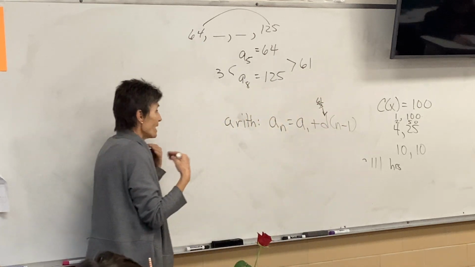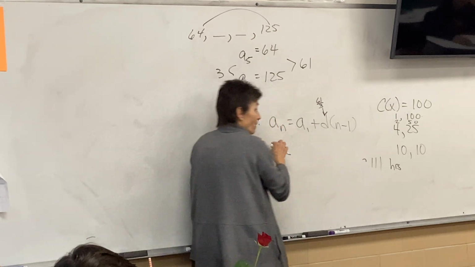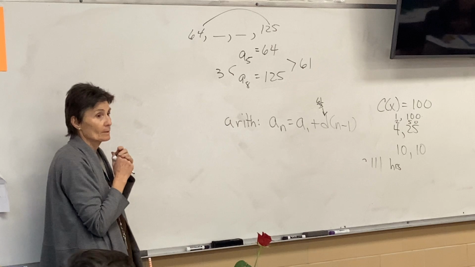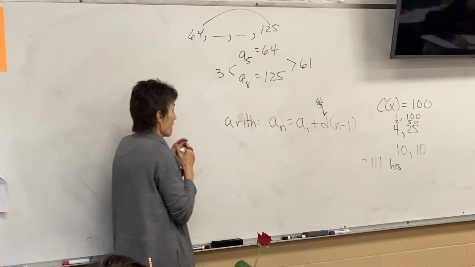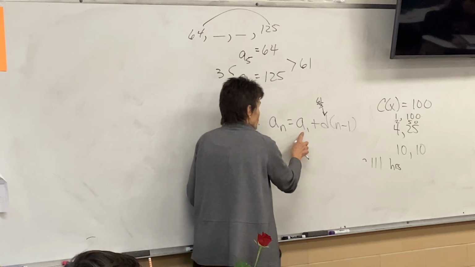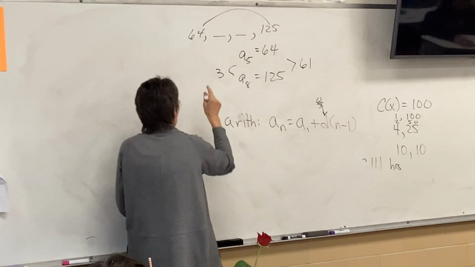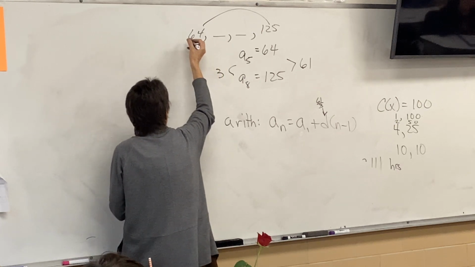Now, just because it said write a formula, I went ahead and wrote out my arithmetic formula. What does this stand for in the formula? The first term. Now, this was the 5th term right here. This is term 5.